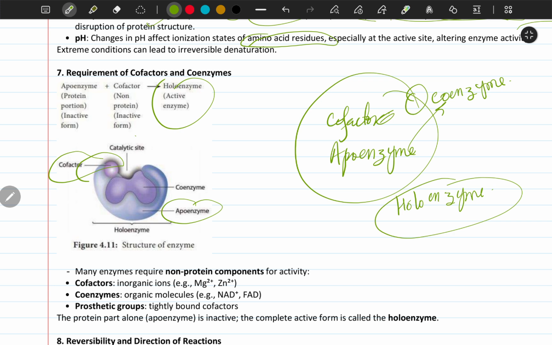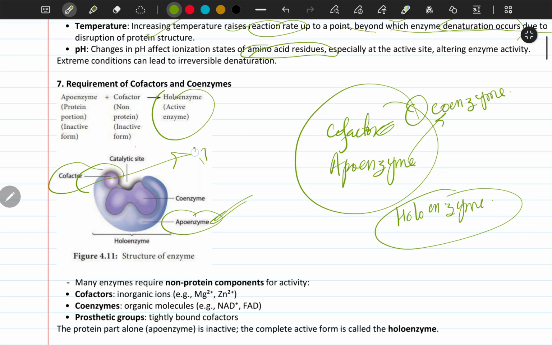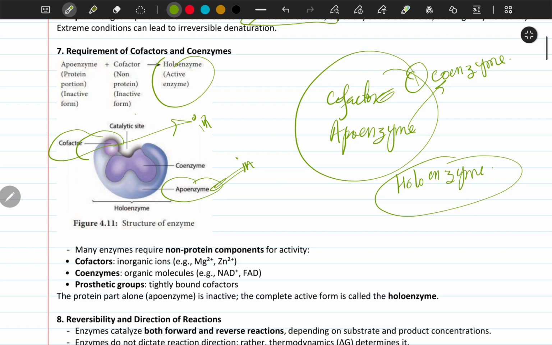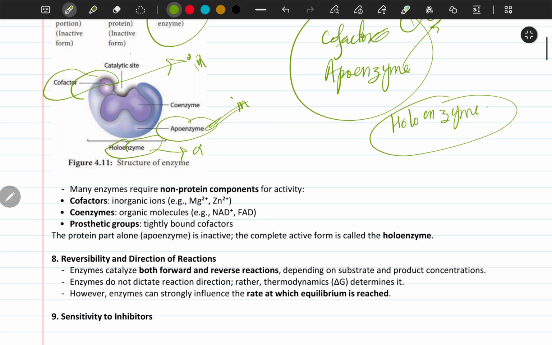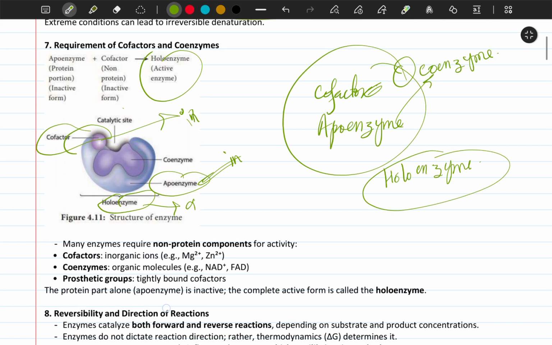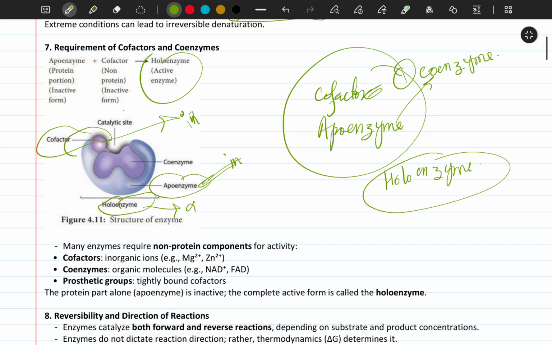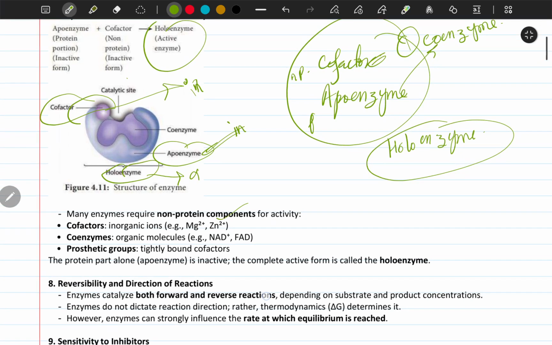Apoenzyme is the protein portion and cofactor is the non-protein portion. They both are inactive, but the holoenzyme that is formed is active. Many enzymes require non-protein components for activity.